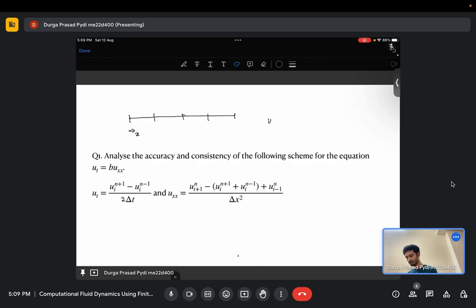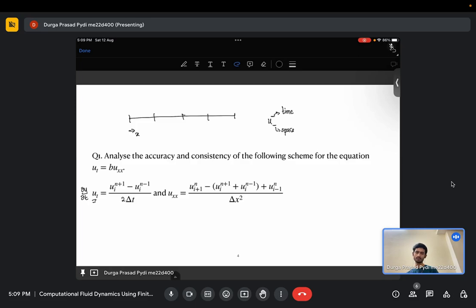So basically the subscript denotes the space dimension and the superscript is for the time. So u_t, which is essentially del u del t, is given by this expression. This is your central difference formulation, and u_xx is given by this particular expression.